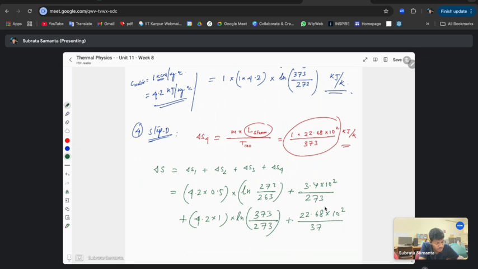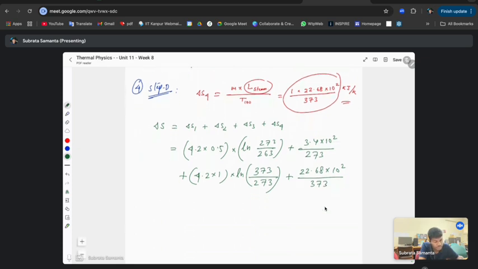All are in the same unit, kilojoule per Kelvin. Now if we use your calculator to calculate this, please cross check the answers: 8.714 kilojoule per Kelvin.